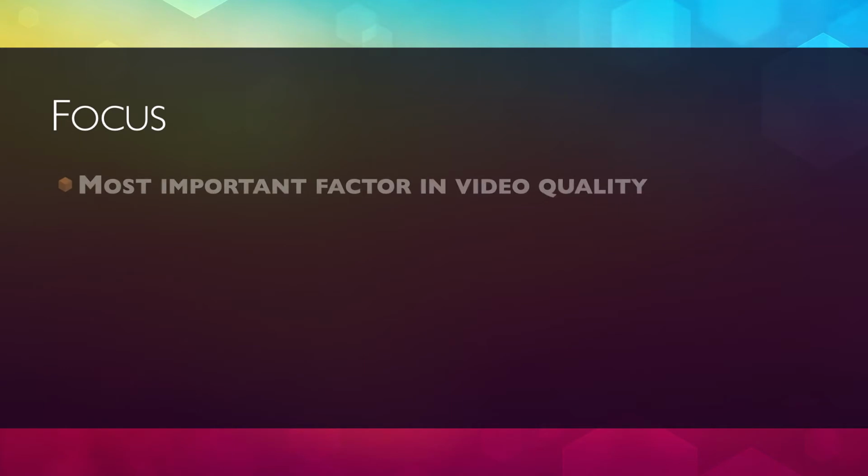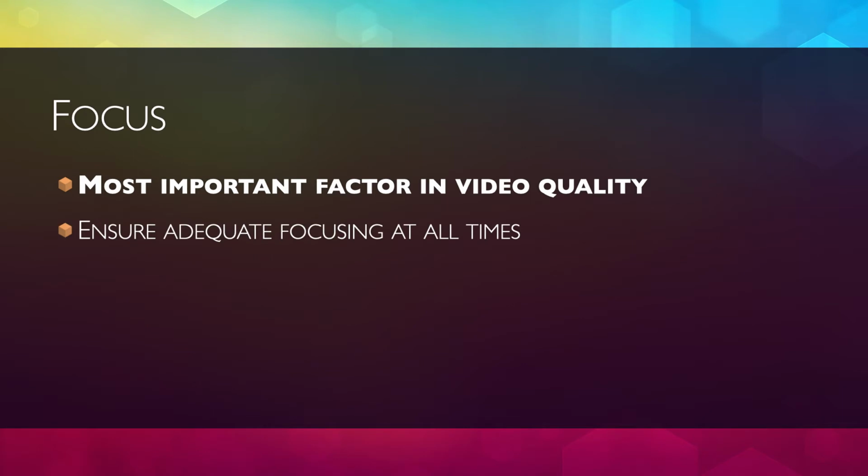Proper focusing is undoubtedly the most important factor in video quality. It surely is an obvious thing, but the fact is that the surgeon often is too distracted with the surgery itself and does not perceive loss of focus or does not attempt to correct it. It is fundamental to maintain focusing at all times and be used to ensure that.